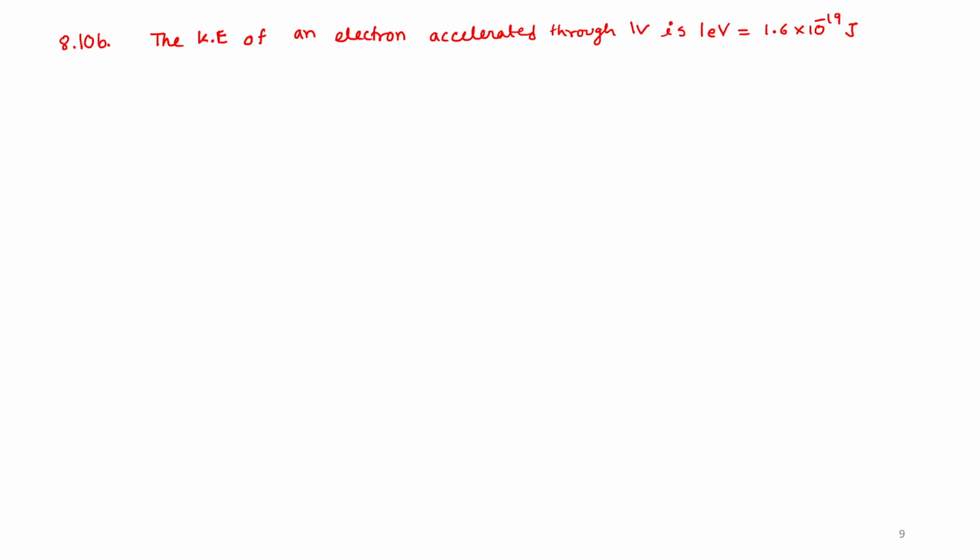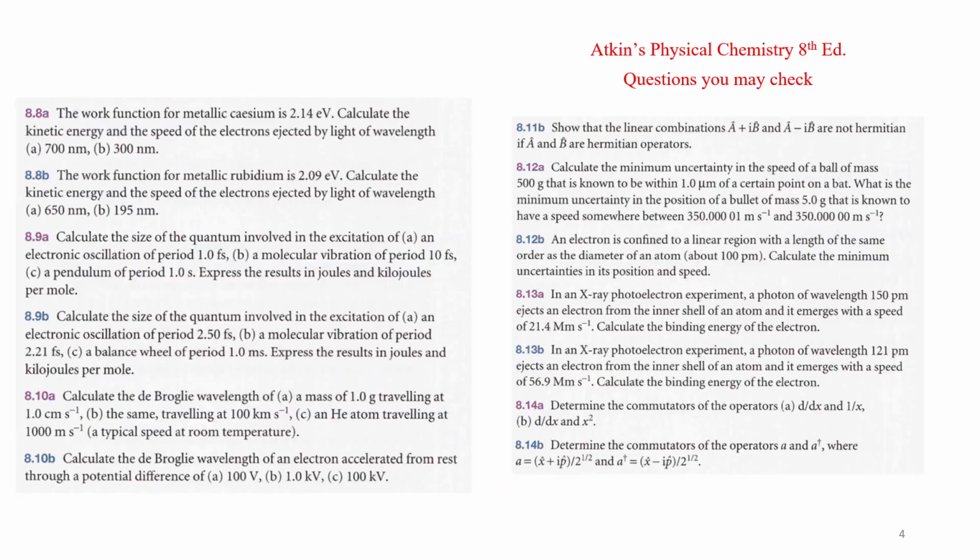So, what are the things given? If it is passing through 100 volts, the kinetic energy is 100 electron volt. If it is passing through 1 kilovolt, that is 1000 volt, the energy is 1000 electron volt.